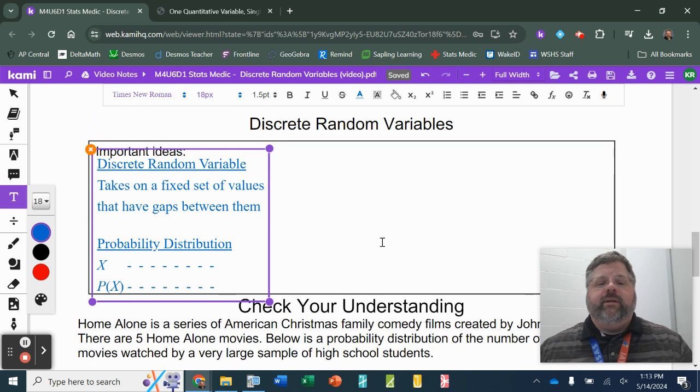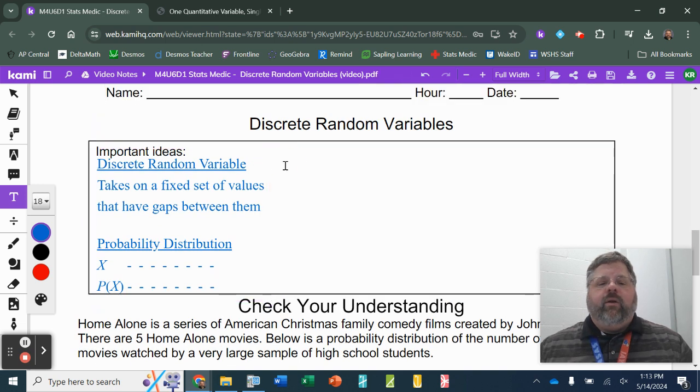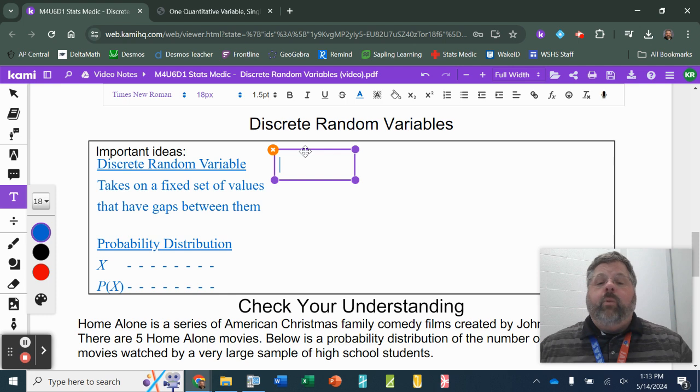Here's our probability distribution. Along with that, we need to know that there are two things that make something a valid probability distribution.